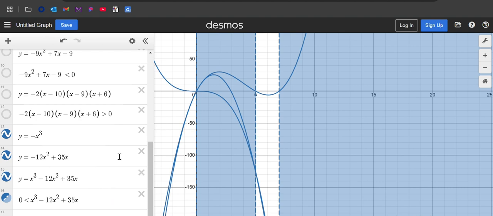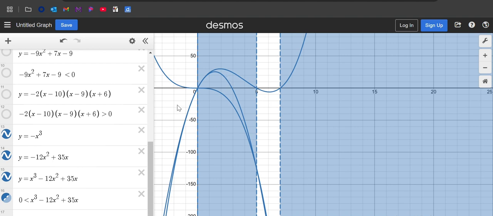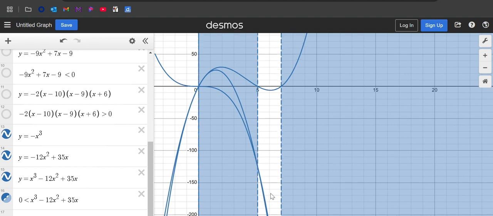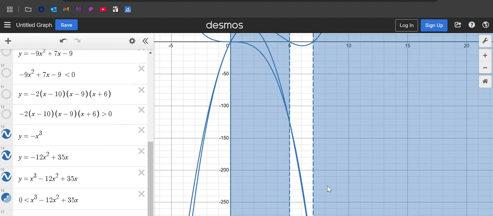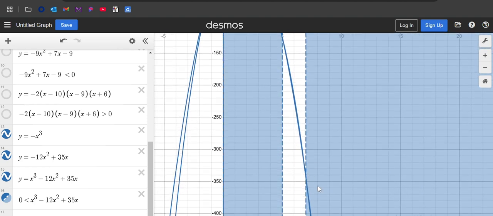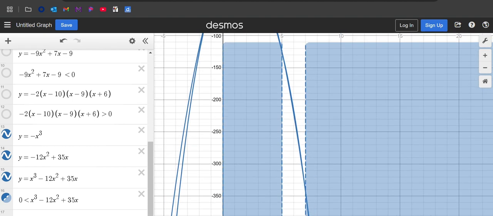We translated this to a question where we asked about where that term was positive. And we can see that it actually finds where the original cubic is less than the parabola by looking at this new cubic equation. Notice also that we find there is another hidden intercept down here where they crisscross again, and the cubic goes back to being underneath the parabola, which is hard to see on the graph.